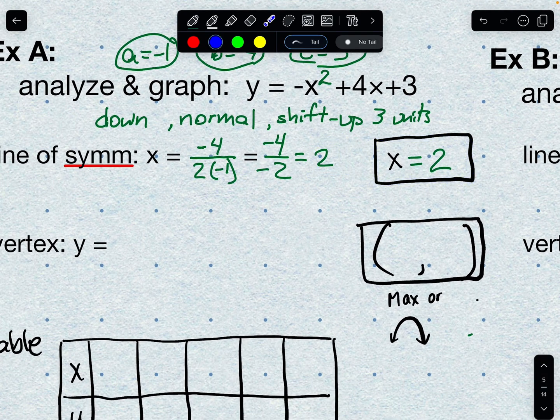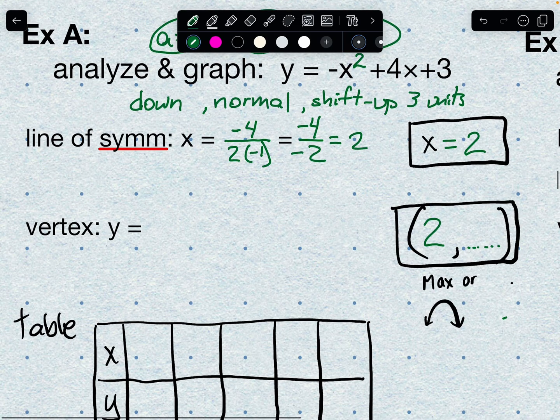Now that you have that, we know part of the vertex, so just list it out. We know the x coordinate is 2. How do I get the y coordinate? You're going to do that from the equation.